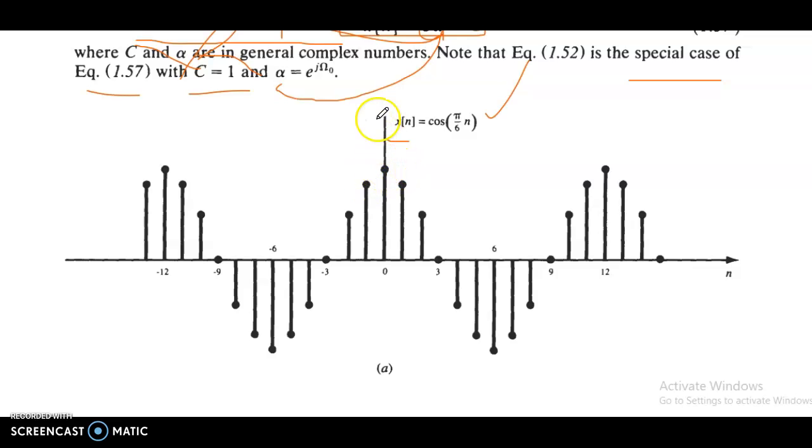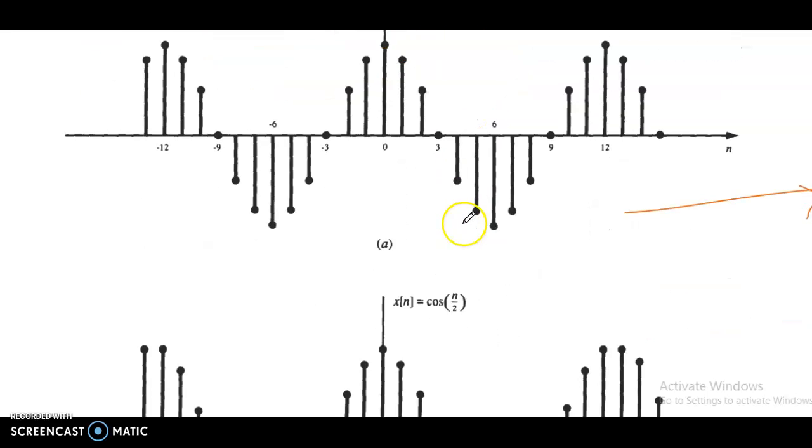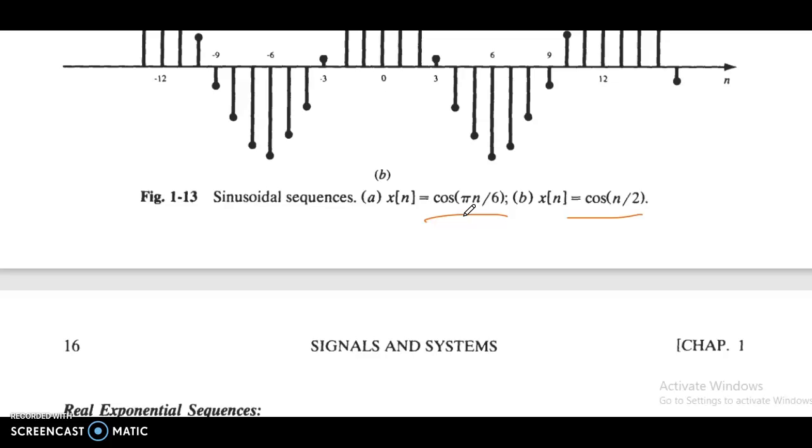Here on the x axis n, the values are minus 12, minus 9, minus 6, minus 3, 0, 3, 6, 9, 12, and so on.